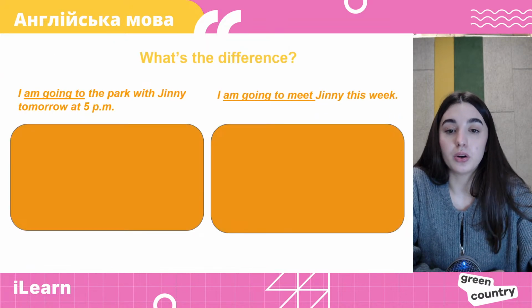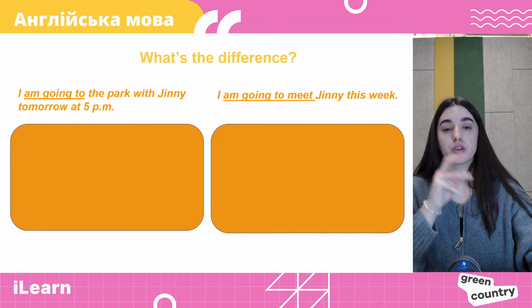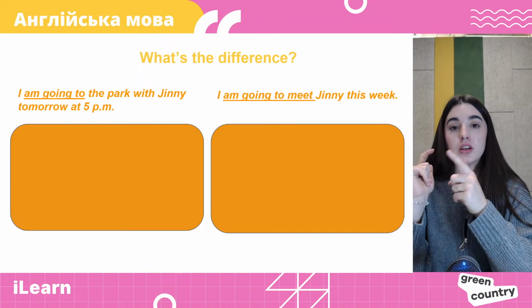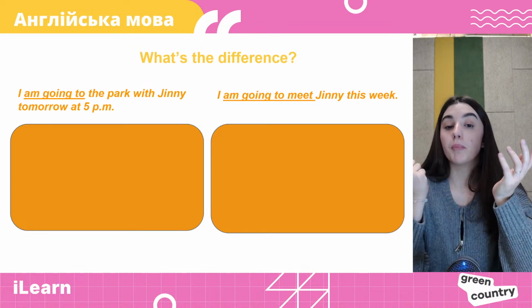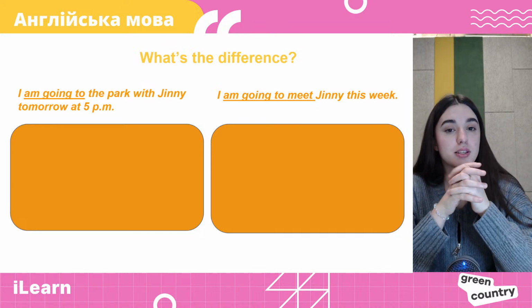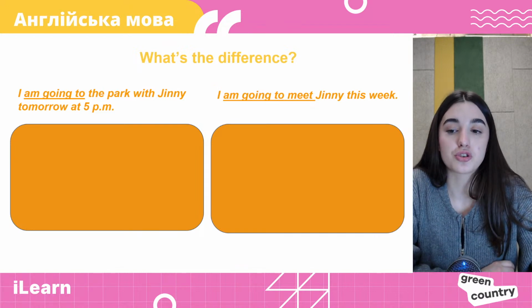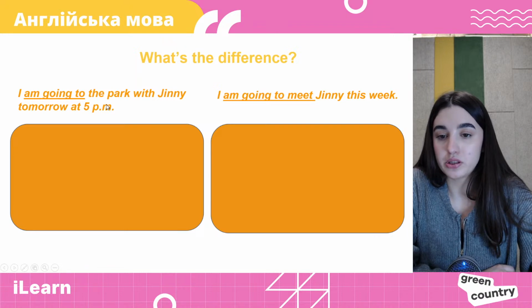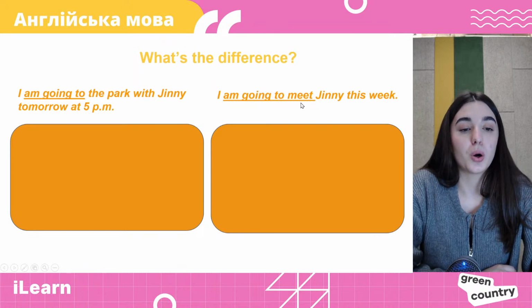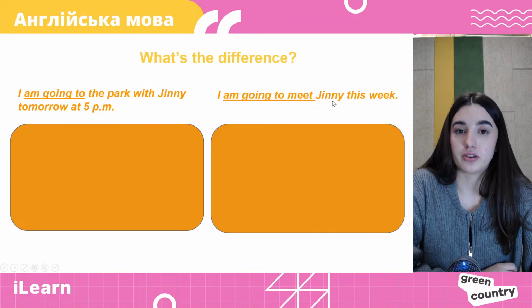And right now, let's move to the next 2 rules. So we discussed with you 4 forms: future simple, continuous, perfect, perfect continuous. But here we can also see 2 more sentences that talk to us about the future. But what's the difference between them? I am going to the park and I'm going to meet Jeannie this week. Can you write in the chat?